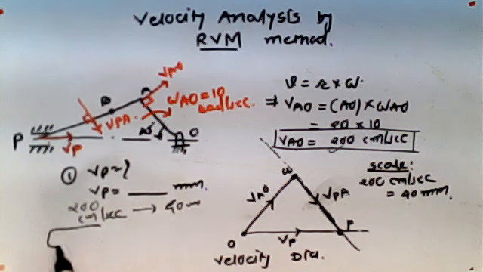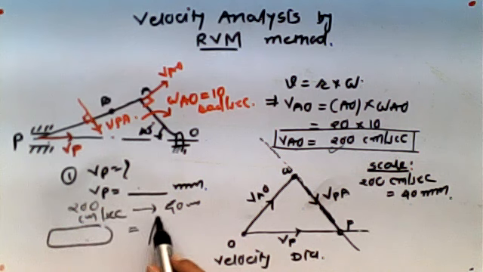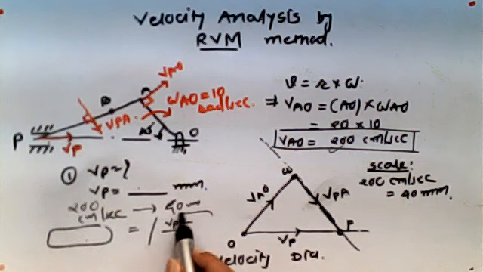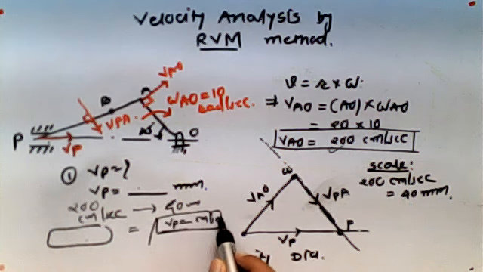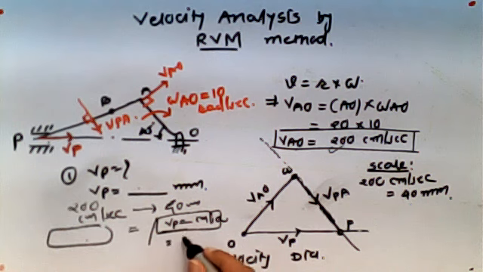So whatever answer you are getting here, you multiply by 40 divided by 200, and you will get the velocity of the piston in centimeter per second. If you solve it, you will get around 172.5 centimeter per second. That is the first thing.